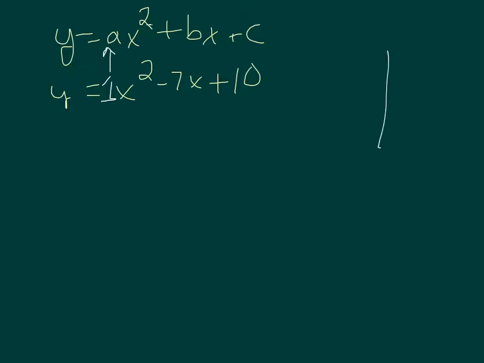So the graph is going to look something like this. If you plug in x equals 0, this term falls out, this term falls out, and you'd have 10. So you know this parabola crosses the y-axis at y equals 10, and then it goes up to infinity in each direction.